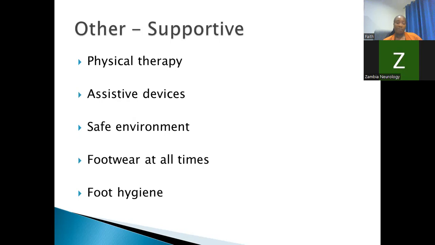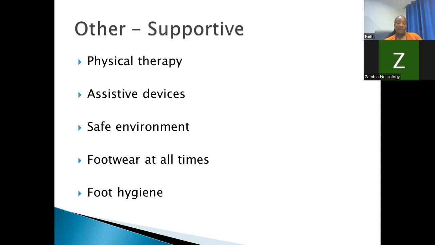Other treatment is mostly supportive. For those that have a severe form of disease, you might want them to undergo physical therapy. So physiotherapy becomes very important in this case. You have assistive devices in various forms that can be used in their homes just to help them with the symptoms that are brought about because of the peripheral neuropathy, especially when they have weakness. So you might want to have certain assistive devices to help them move on with their daily activities.